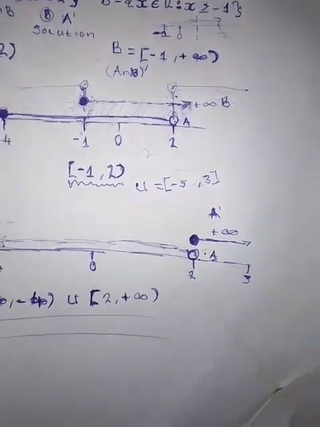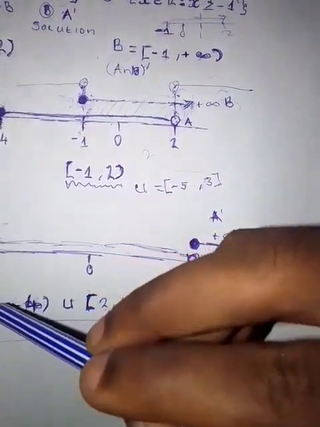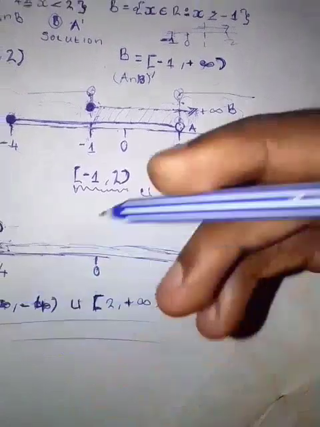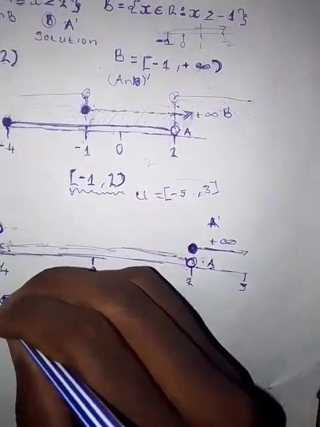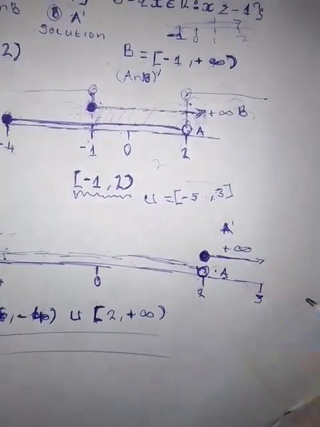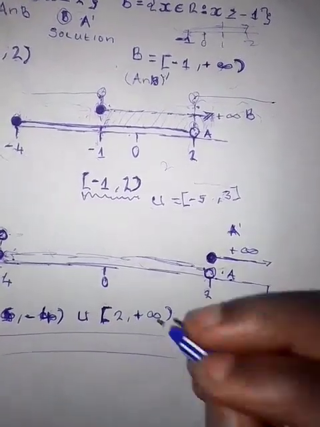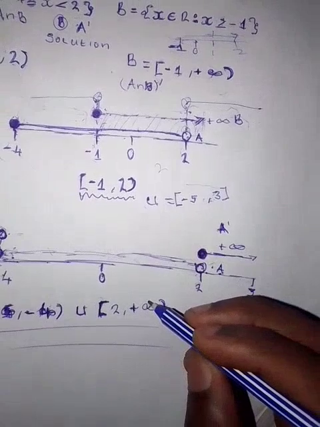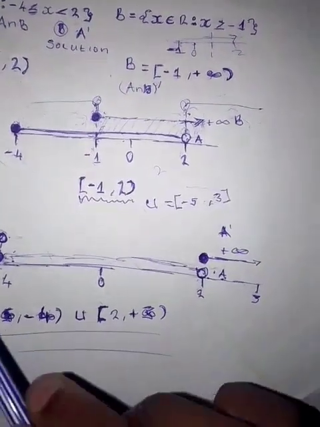So this time, instead of putting negative infinity, we would have put negative 5. And on this side, instead of putting positive infinity, we would have put 3. That is if we add a universal set.